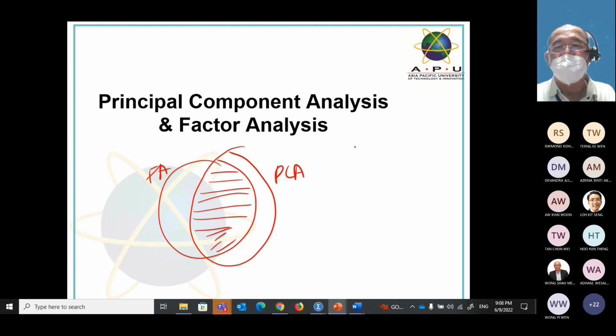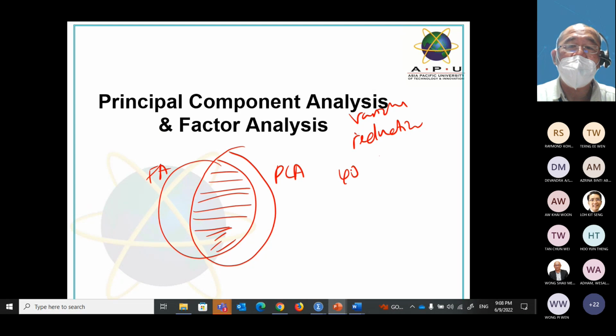Also for variable reduction. It looks quite similar because we reduce the variables, let's say from 40 to 10. But there's a difference between these two.